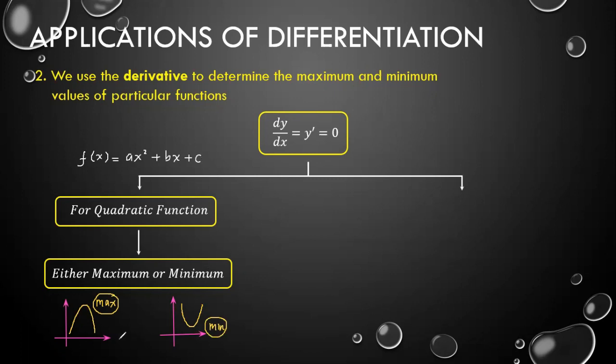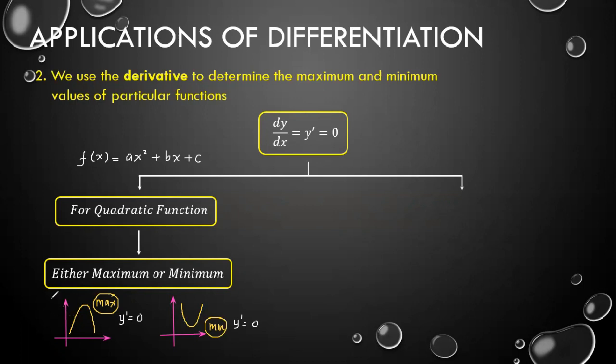So the maximum point will be satisfied by the first derivative being 0. And for a minimum point, the first derivative is 0. So for both of these types, it will be satisfied by the first derivative equals 0.